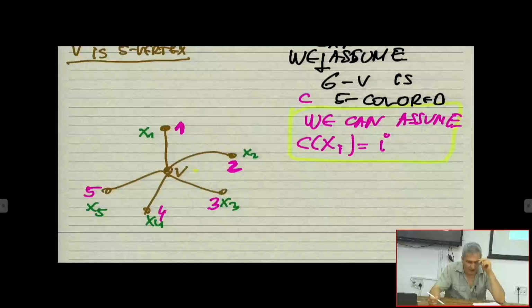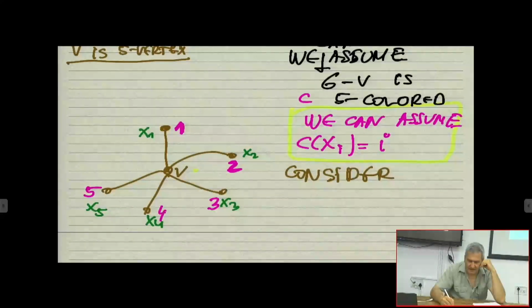So now I apply a Kempe chain. Let's take a look, consider the Kempe chain for colors 2 and 5.